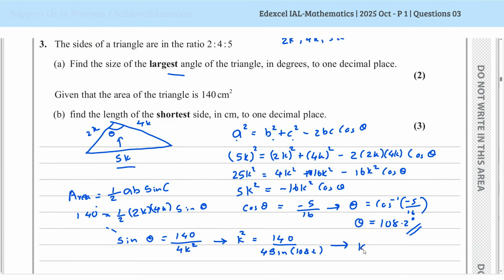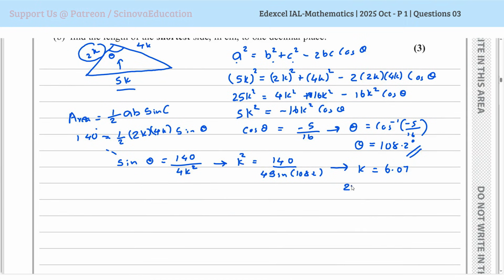And then if you simplify, the k value is 6.07. But the shortest side is actually 2k, so our answer should be twice that value. So the length of the shortest side should be twice k, which is 12.1 centimeters.